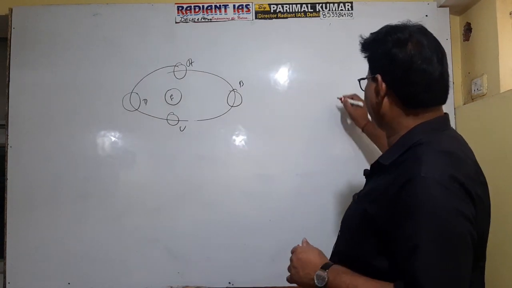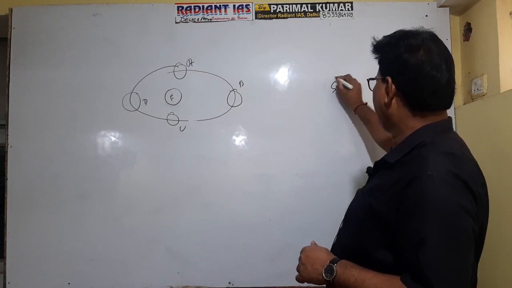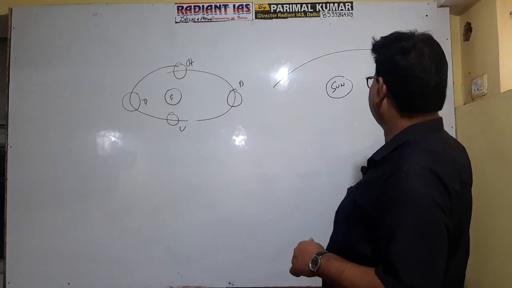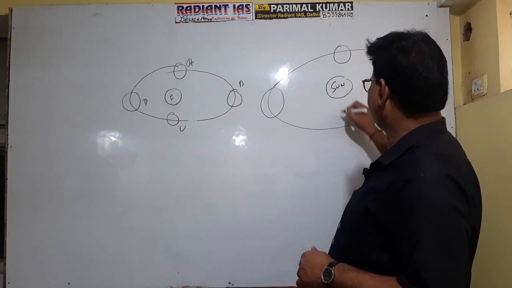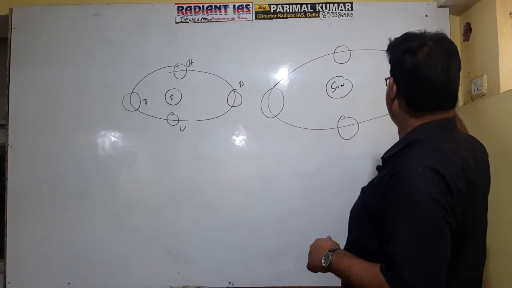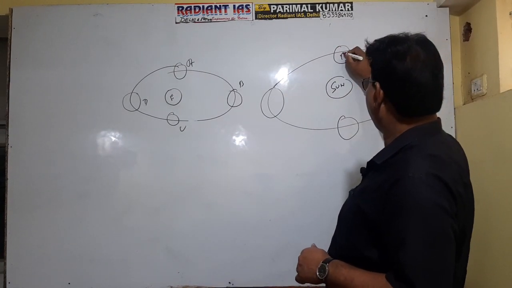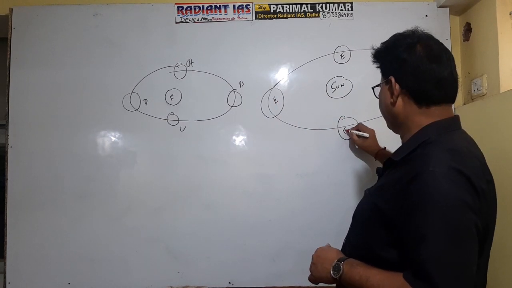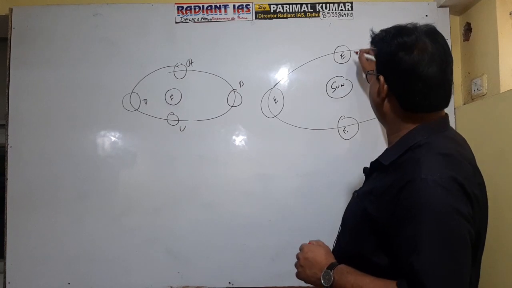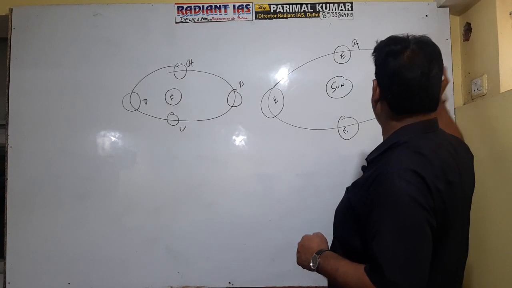Suppose this is the position of the sun, and the earth revolves around the sun in an elliptical orbit. These are the positions of the earth with respect to the sun: A, B, C and D.